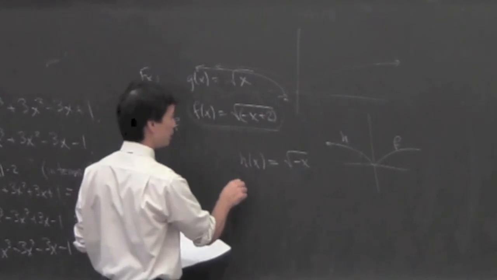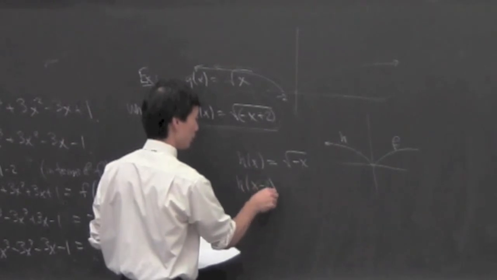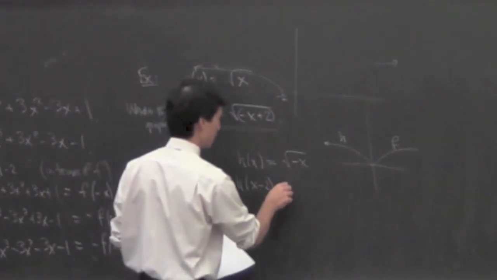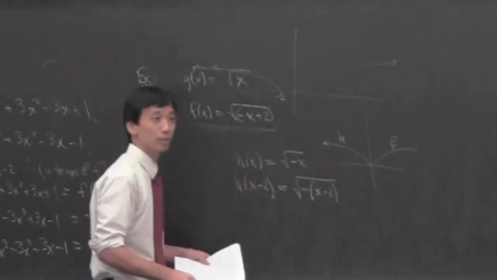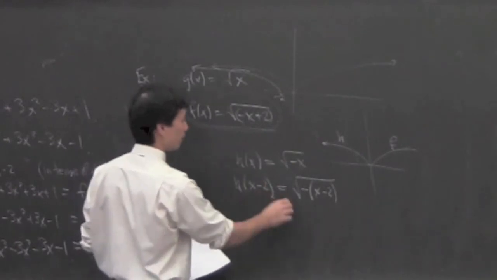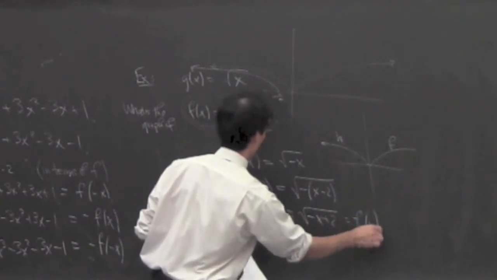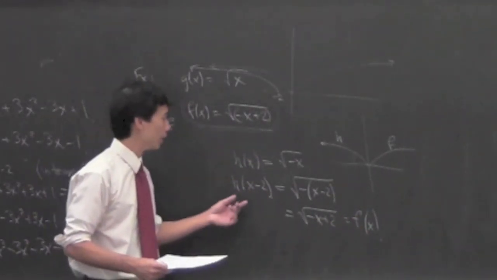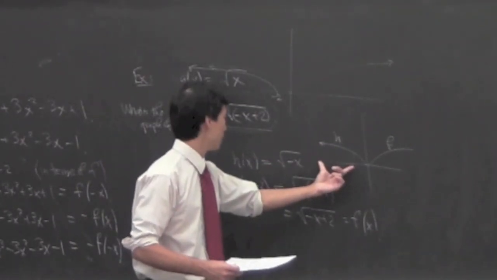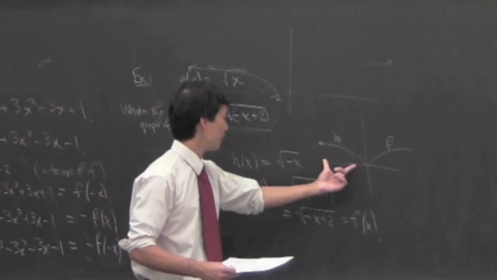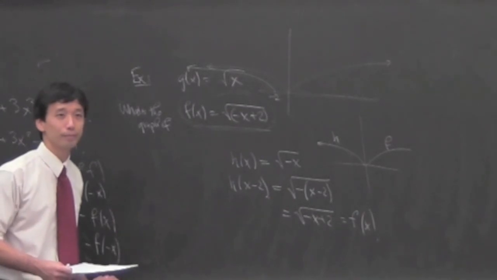It's rather h of x minus 2, right? h of x minus 2 is the square root of negative x minus 2, right? That's our f. Negative x plus 2, that's our f. And so if you take this guy's graph, and then you move it over by 2, then you get the graph of f.